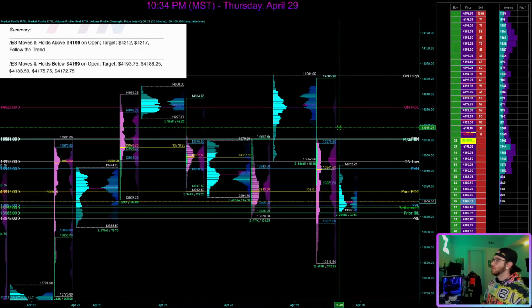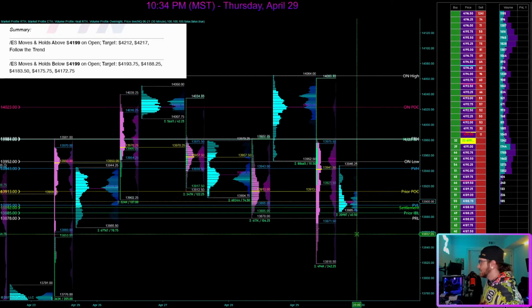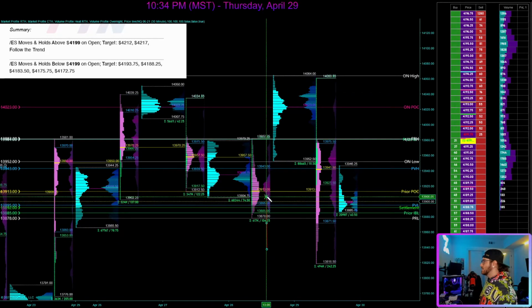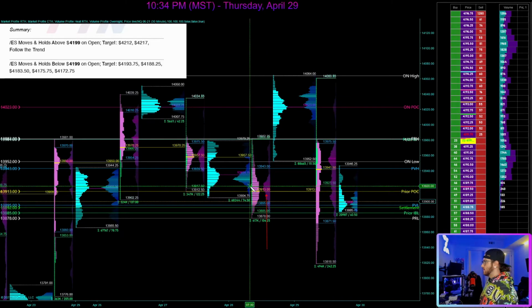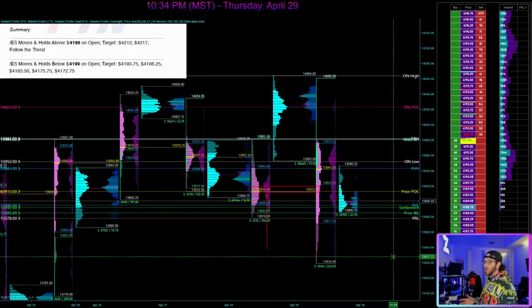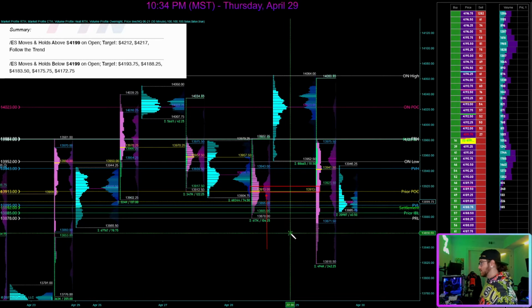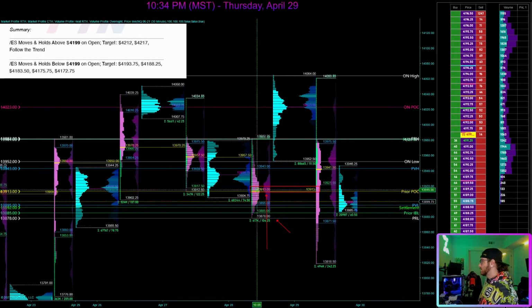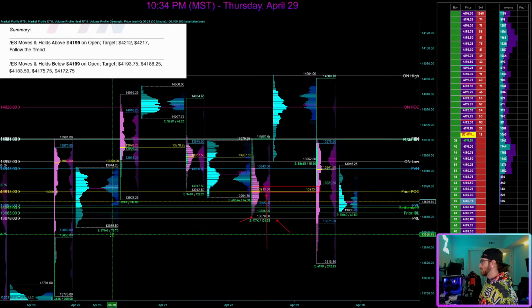Last level, 13,913. We did indeed hit that, and that was the POC from yesterday. So this was our last downside target. You can see we got almost 100 points below that. So, you know, if you took a short on the break of 13, once you saw that level didn't hold, you still got more targets, even if I don't give them to you. You know, if you're using the profile, you can target the previous lows.